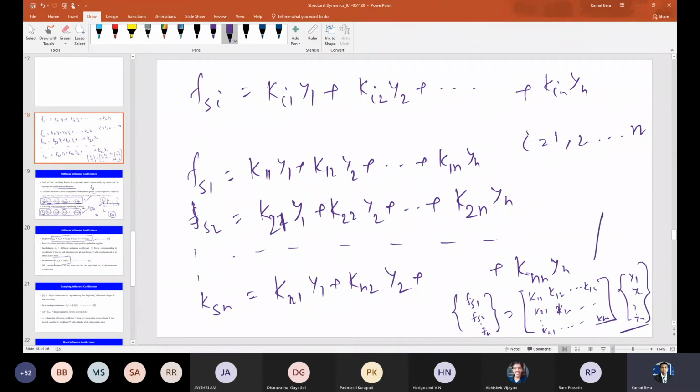Clear? So this is actually called your stiffness matrix. This is just a basic understanding of the stiffness matrix, and the way I have shown here using this influence coefficient approach is basically the classical approach. It is only possible for a simple system. For a complicated system you have to do it in a systematic manner through the direct stiffness matrix approach. But this is the idea behind it: what is the stiffness influence coefficient?